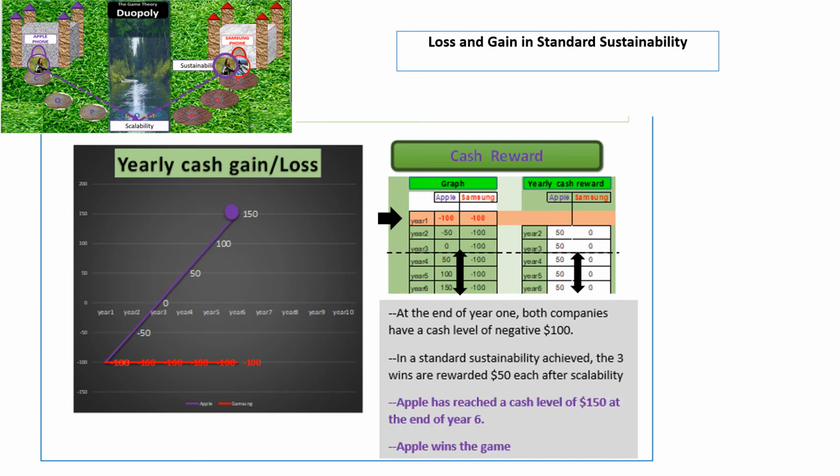Apple has reached a cash level of 150,000 at the end of year 6. Apple wins the game or the competition. And as you can see illustrated, Apple has reached the opponent's castle, which means that Apple has a total dominance of the market.